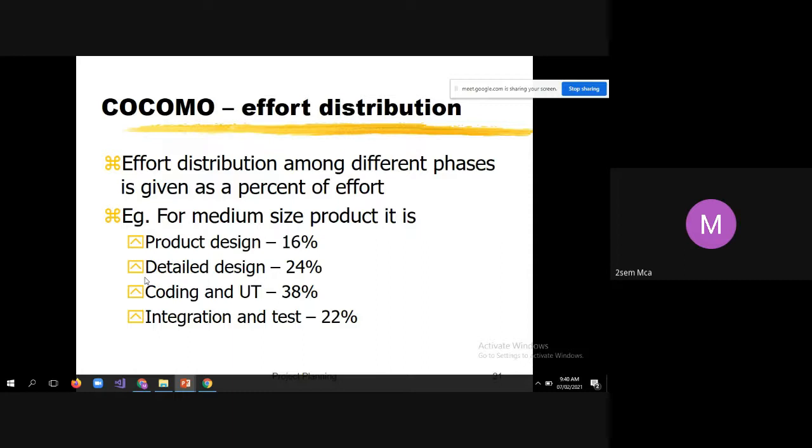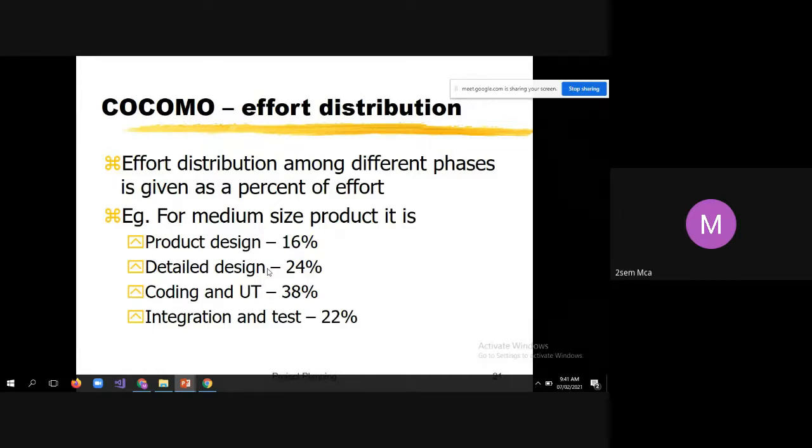For example, if I consider the overall cost of the project as 1 crore, then for product design, 16% we may have to spend, that means 16 lakh rupees. For detailed design, 24%, 24 lakh rupees we have to spend, considering the overall budget is 1 crore. And coding and UT, meaning unit testing.